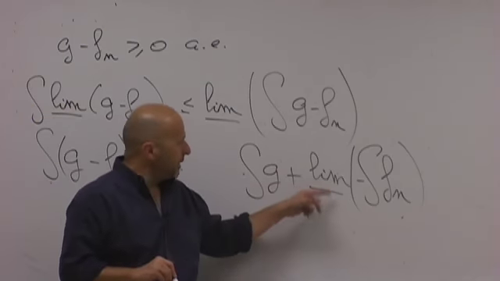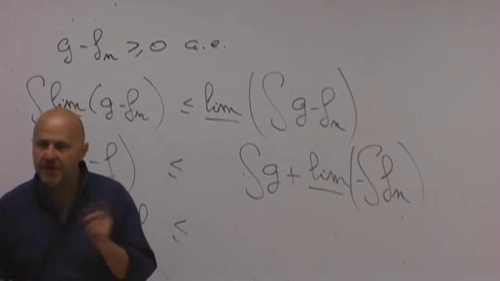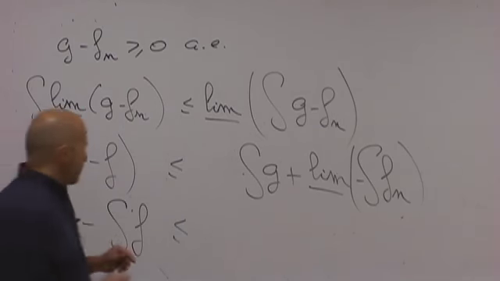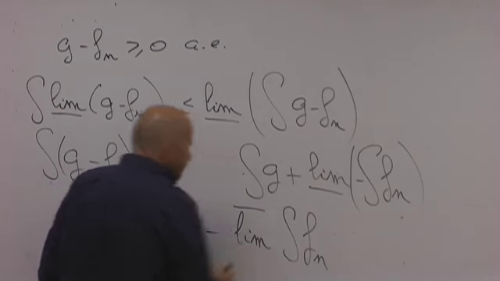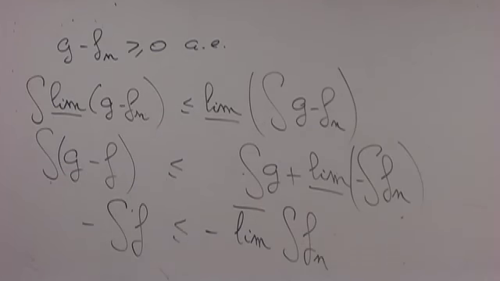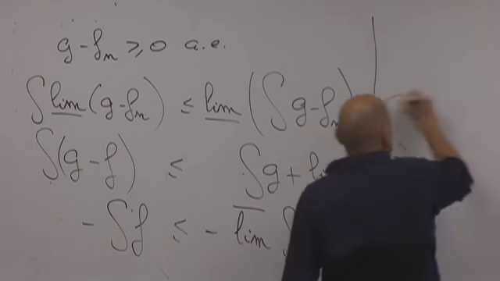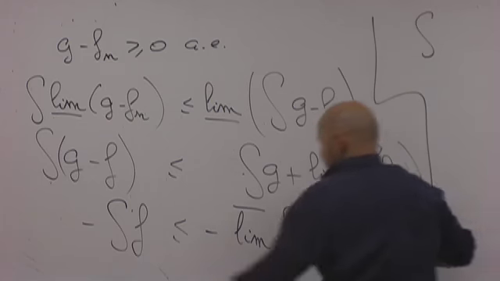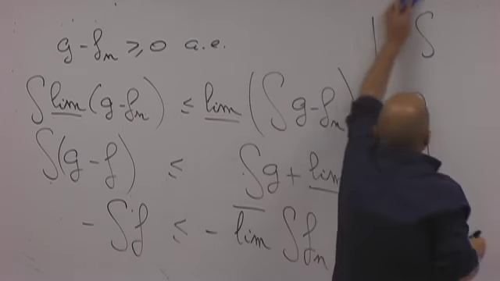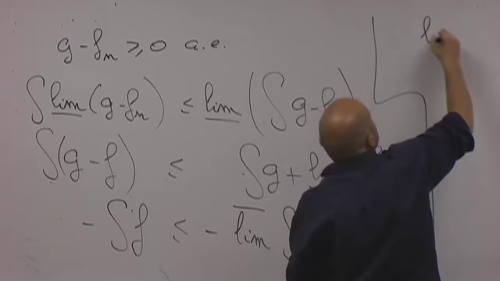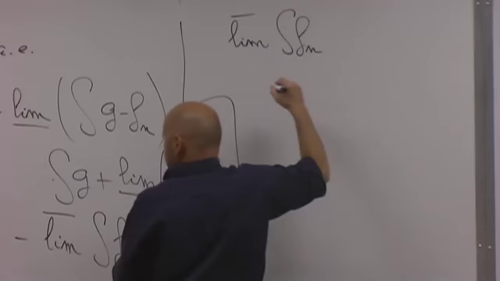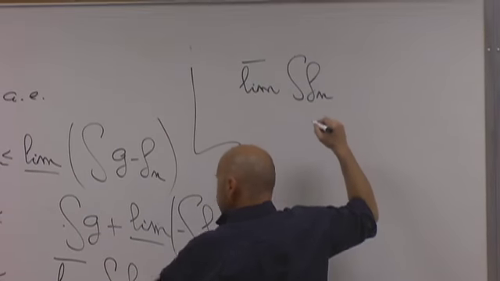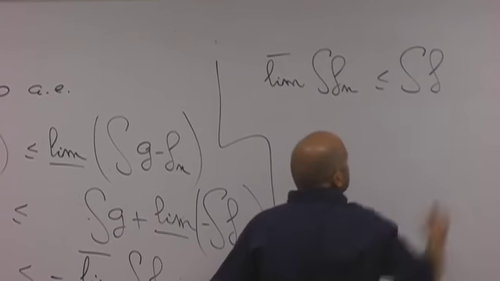So what can you say of the lim inf of minus something? It's minus what? Minus the lim sup. And so we get that the lim sup of the integral of Fn is less than the integral of f.